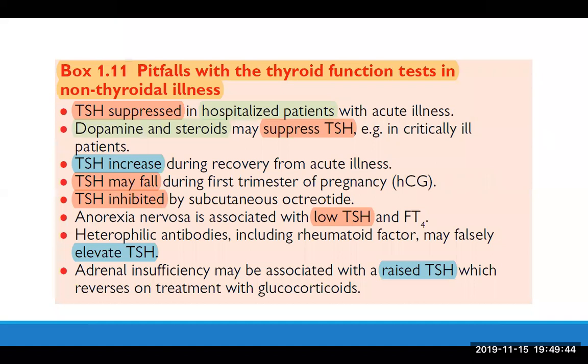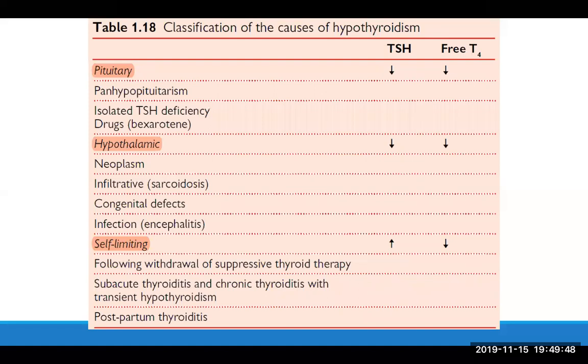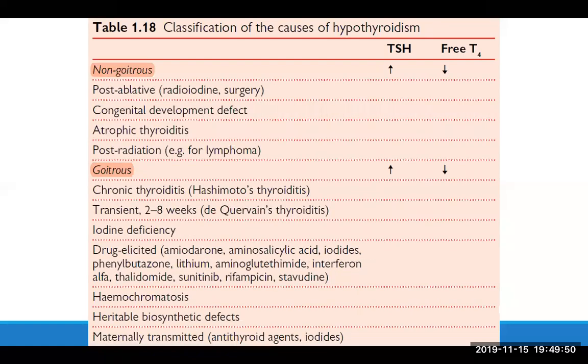Dr. Khalid, yes, goitrous hypothyroidism is more common in iodine deficient areas. Then why is it written in the epidemiology that incidence is higher in areas of high iodine intake? Yes, because high iodine intake usually suppresses iodination and the release of thyroid hormone.